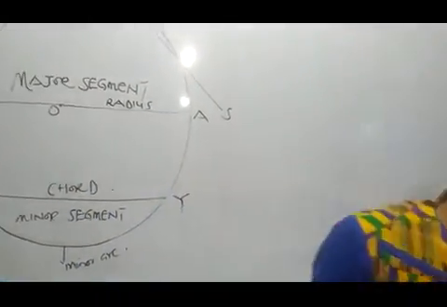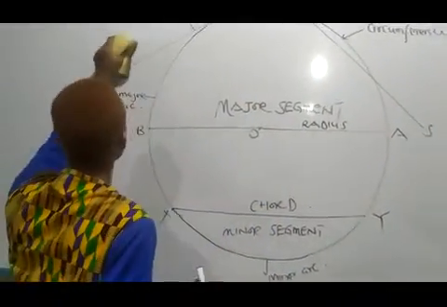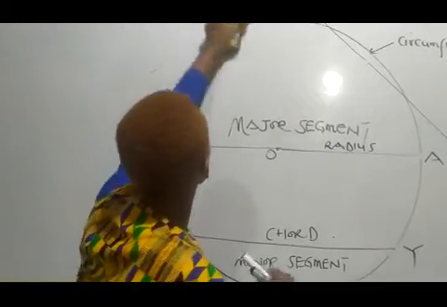All right, so on that note, let's move on quickly to what we want to do today. This evening, I'm going to explain some terms that are associated with circle theory. Then, I will now go further to look at the theorems with you one after the other.